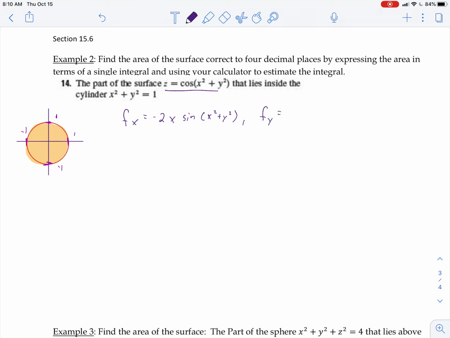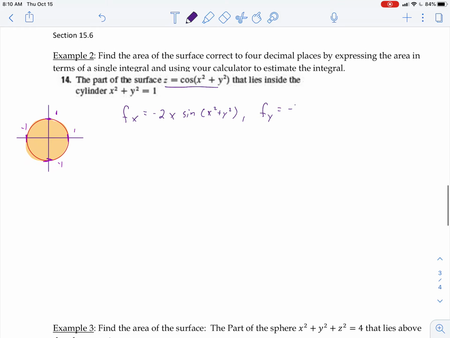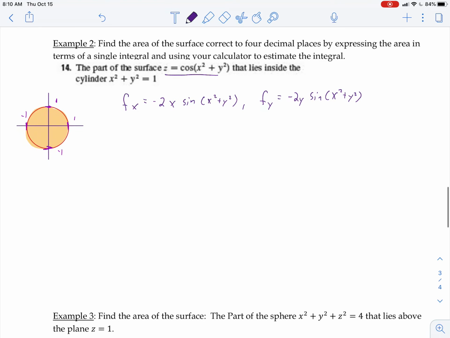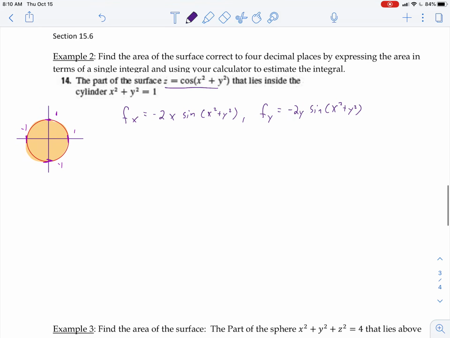The partial with respect to y is basically the same thing, negative 2y sine of x squared plus y squared. All right, now let's look and see what we got. We got to put that in.